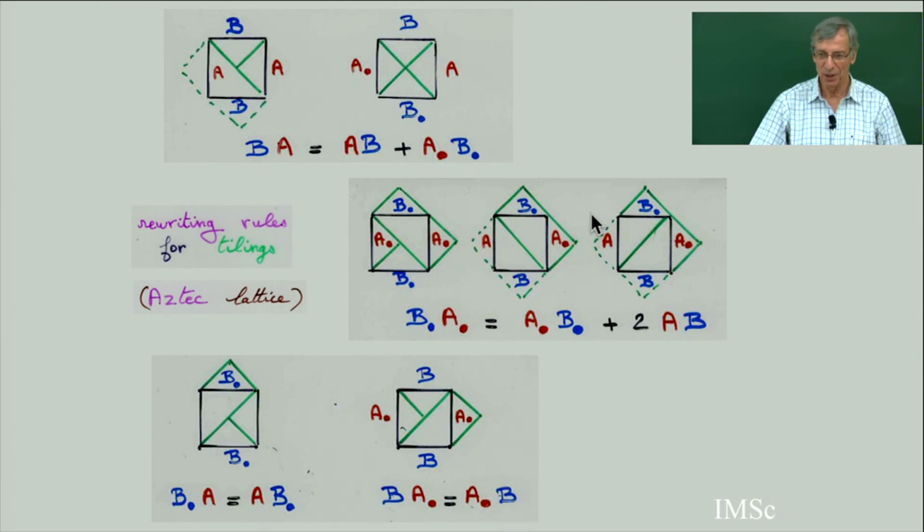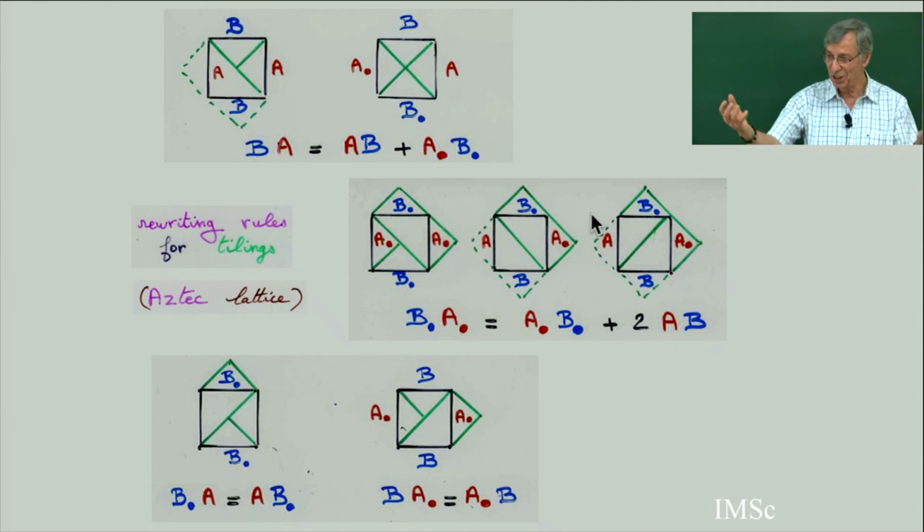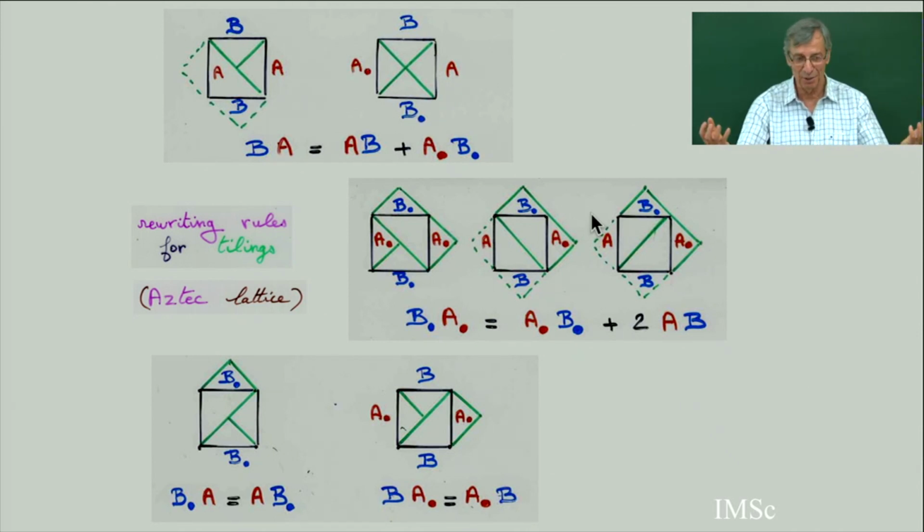As soon as you have exactly the same system of equation with a coefficient 1 or 2, and each system comes from a local rewriting rule, you can compare each term of the system, which gives you a rewriting for the Aztec diagram, and a rewriting for the Althusser matrices.